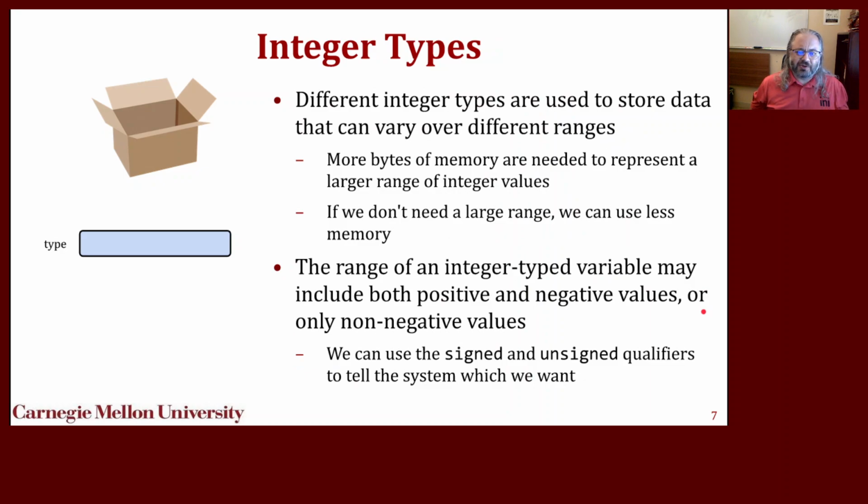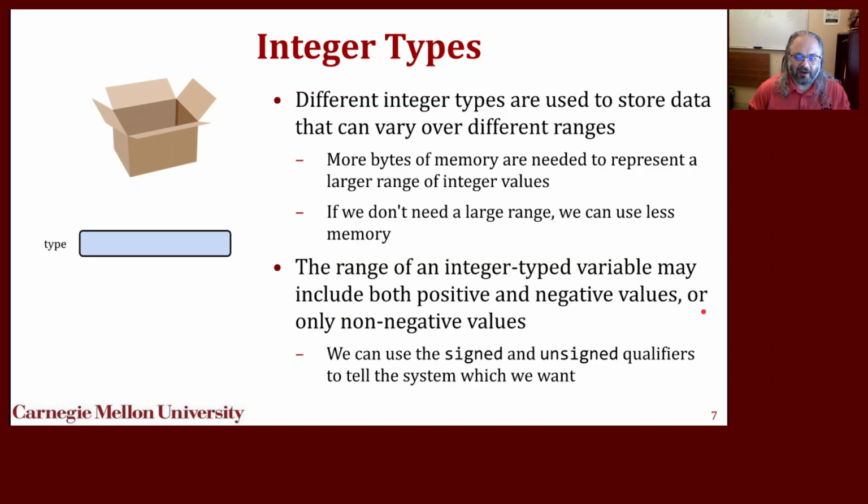To go into more detail on the integer types, an integer type in C simply stores integer data with no fractional part. If we want to represent a larger range of integers, we need more bytes of memory. So the different integer types have different sizes based on how much range we need to store.